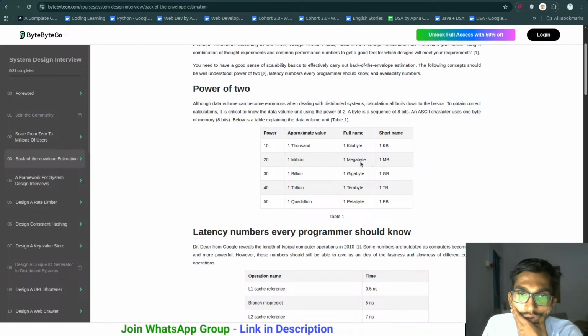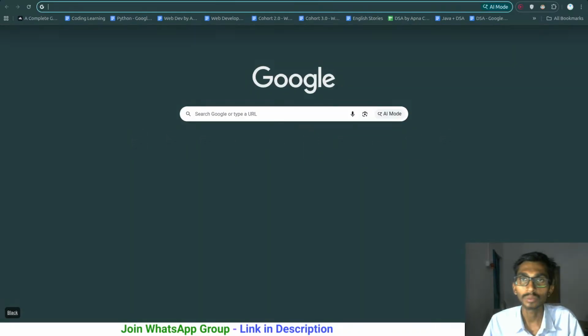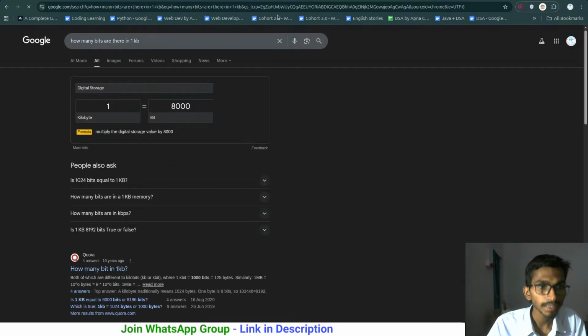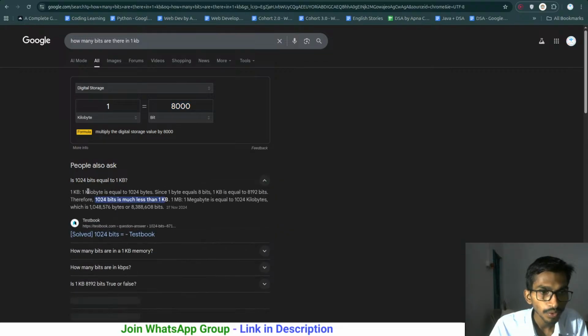So 1 million is the approximate value. 1 megabyte has 1 million bytes, 1 KB has 1000 bytes, not bits. So how many bits are there in 1 KB? I think it is all about bits. So 1024 bits equals 1 KB, kilobyte to bit.